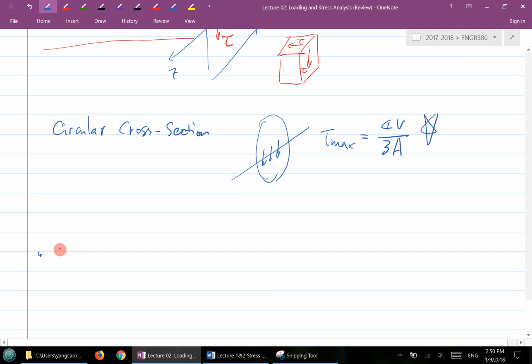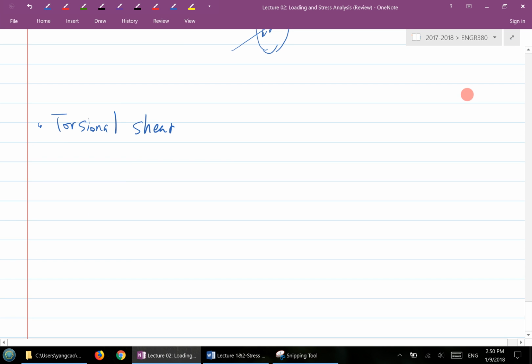Okay, so finally, the last type, the torsional type of shear. So shear stress due to torsion. And this one is relatively easy to understand. Say you have a bar, and you apply a torque along this cross section of the bar. You're interested in the shear stress caused by this torque T at any location along this cross section.